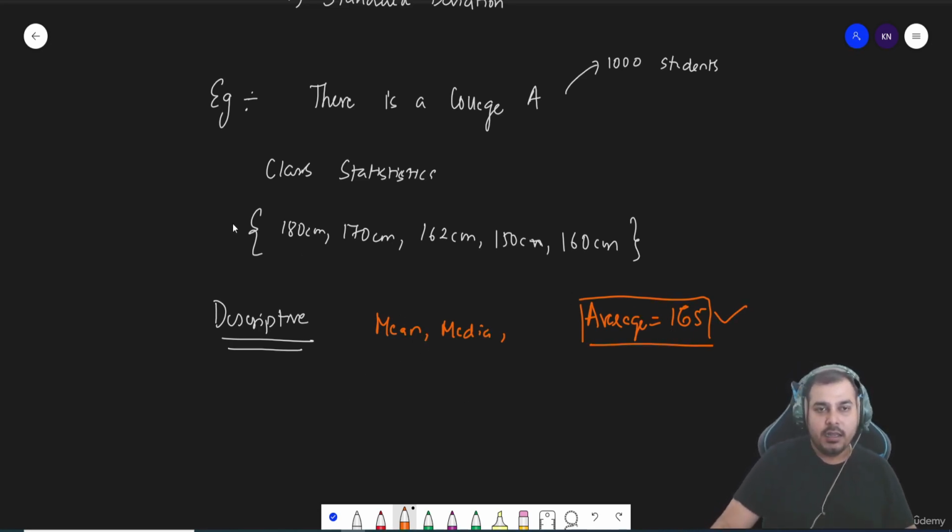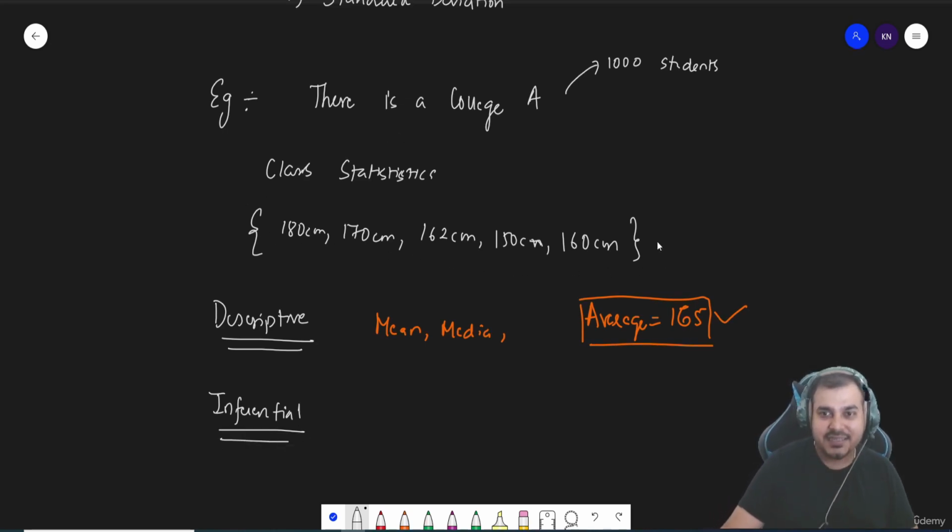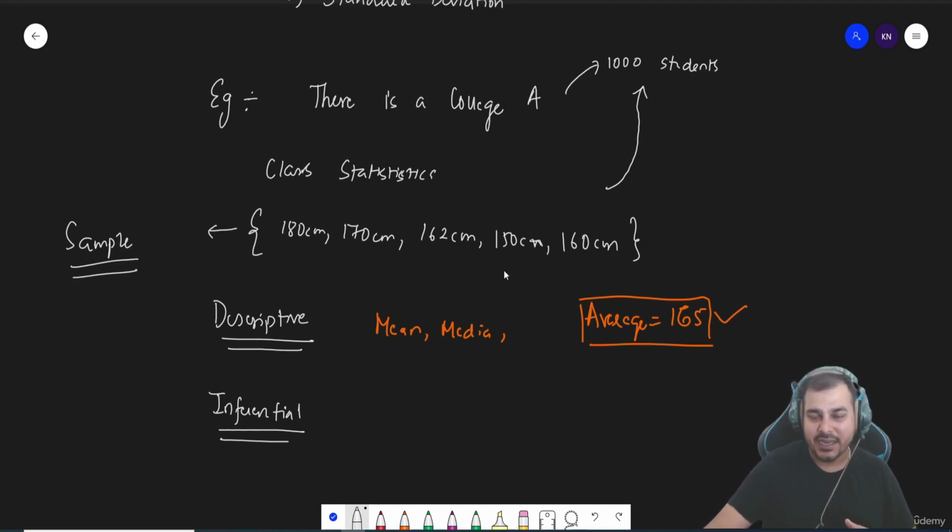In the case of inferential statistics, what we do is, by considering these heights from this sample, can we conclude what may be the height of these 1000 students, or what may be the average height of these 1000 students? This is my sample in this particular case. By considering this data, can I conclude what may be the average height of these 1000 students?